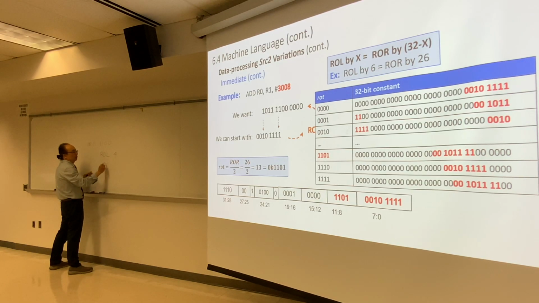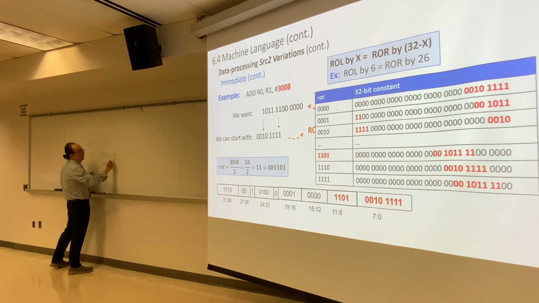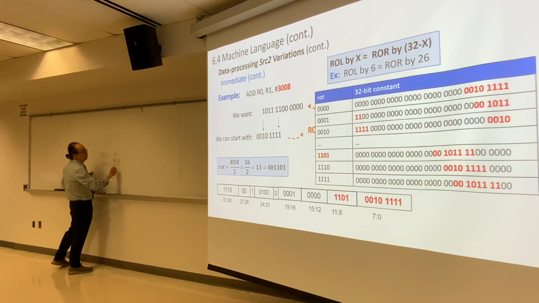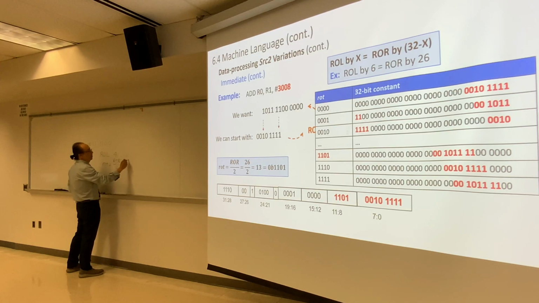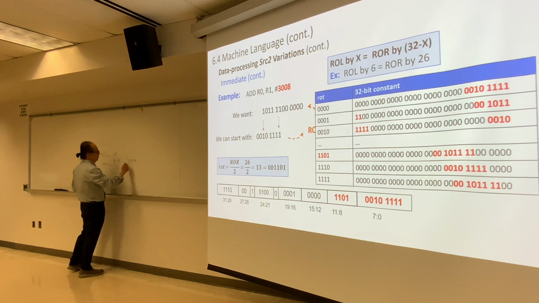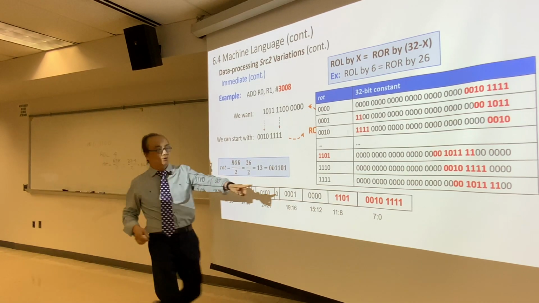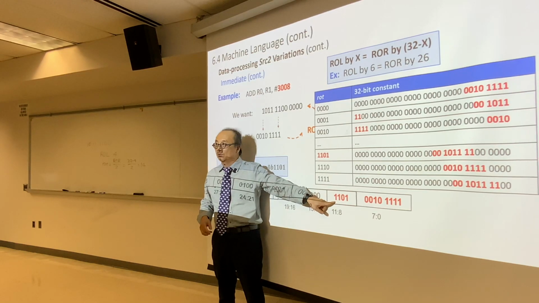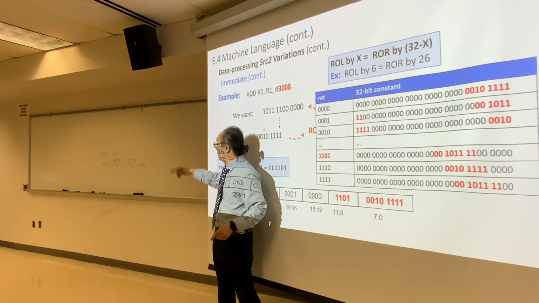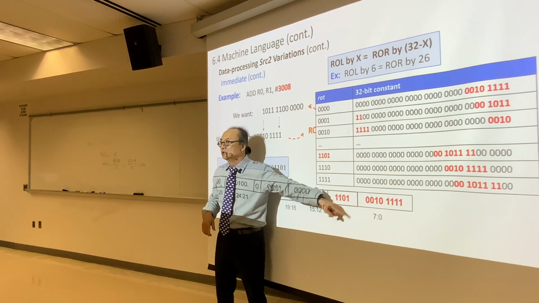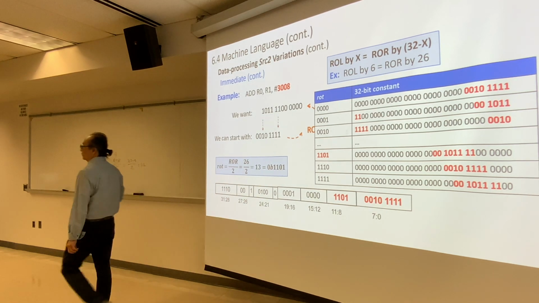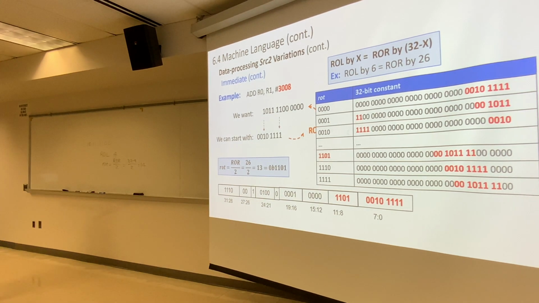So our ROT value is going to be ROR by 2, which is 32 minus 4 over 2. That is 14. Then you can put this into here, and instead of 13, we're going to put 14. So 1110 in the ROT. Then we get exactly the same result.